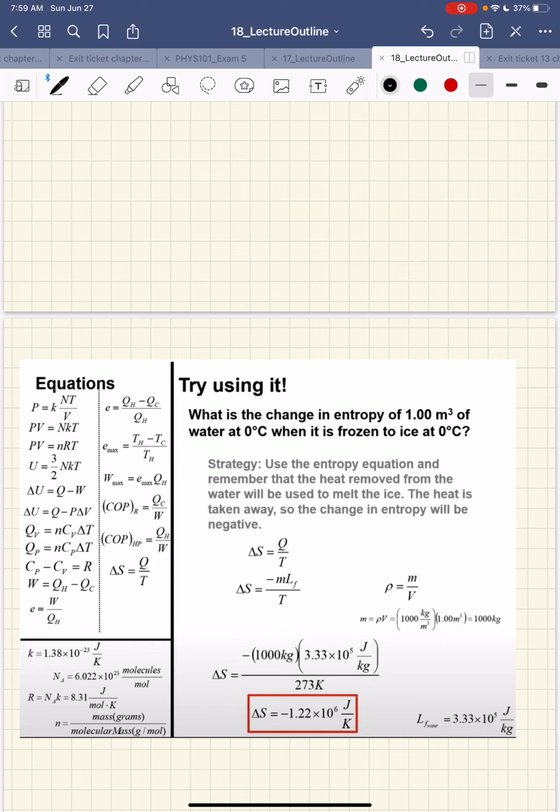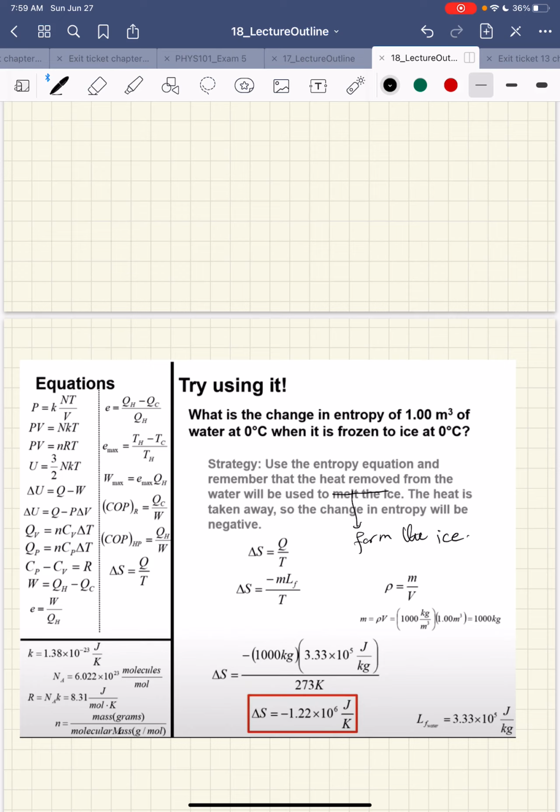Then delta S is Q over T. It is not to melt the ice, it is to form the ice, and this is the reason why the heat is expelled, the heat is taken away.